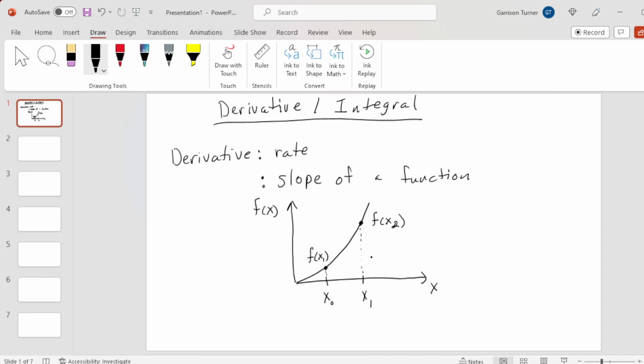And the slope of a line between 2 points is, of course, equal to its rise over its run.